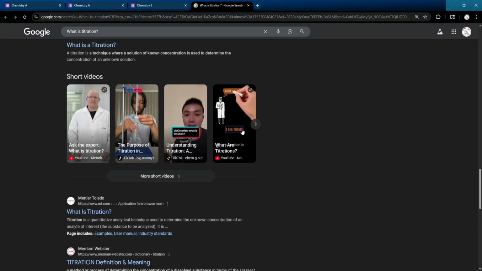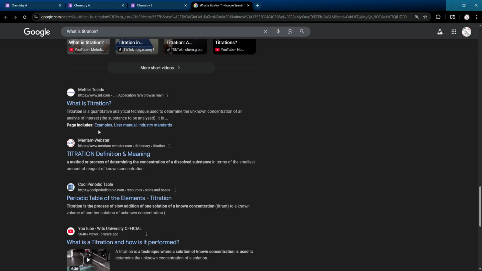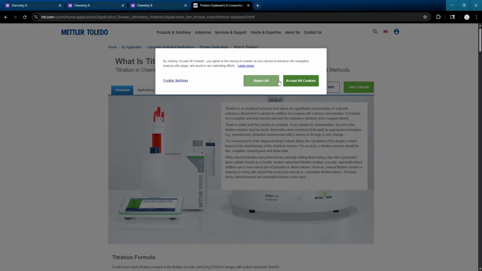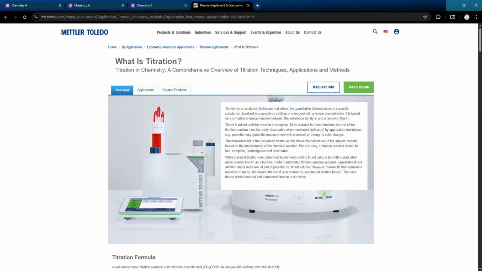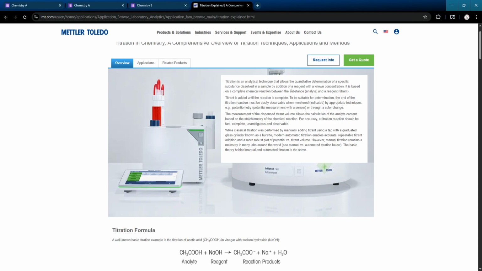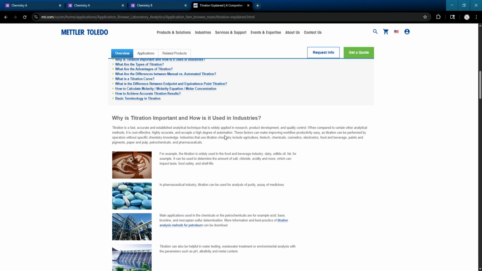On Google we get some short videos as well. It's an analytical technique that allows the specific substance dissolved in a sample by addition of reagent of known concentration. Interesting.